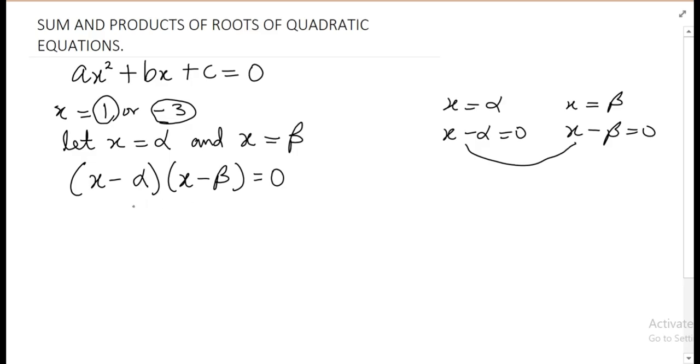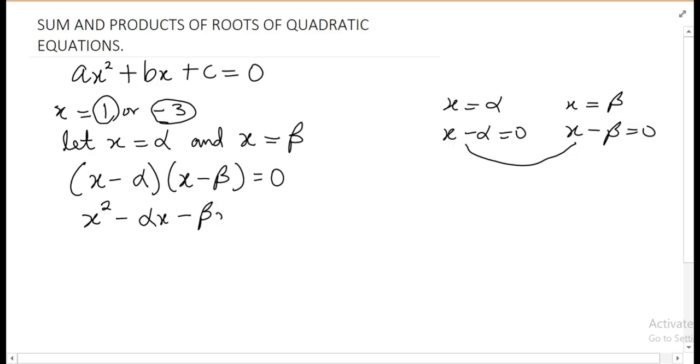By expanding this, you have x squared minus alpha x, then minus beta x plus alpha beta equals 0.